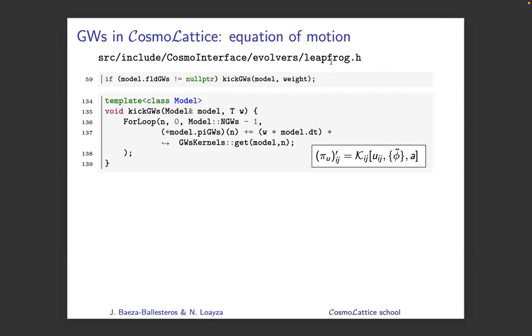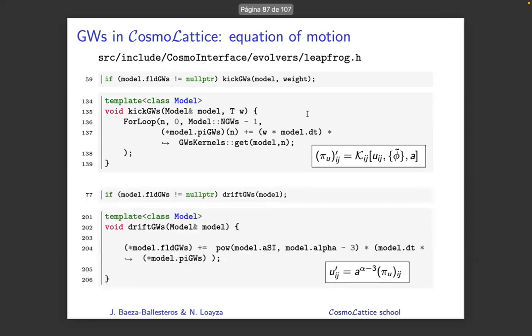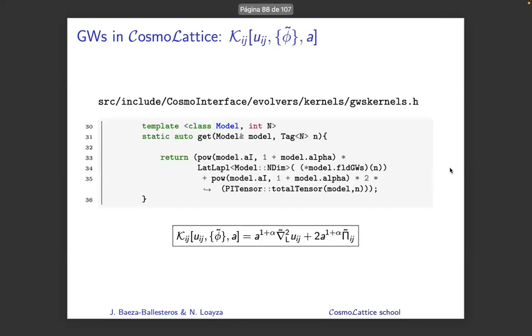For example, if we just choose the leapfrog case, we compute the kicks of the equation, which is given by the kernel. And also we evolve the drift, which is basically the evolution of the amplitude of the U fields and the evolution of the conjugate momentum of the U fields. It is very similar to the case of the scalar fields.